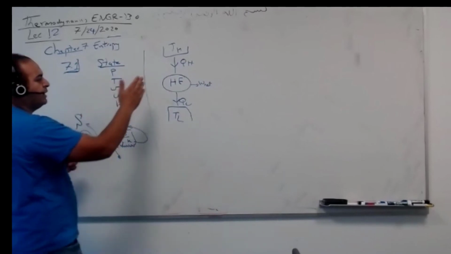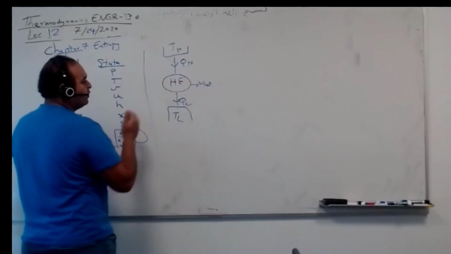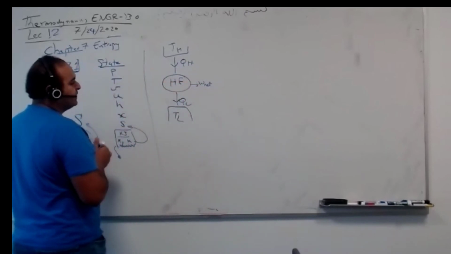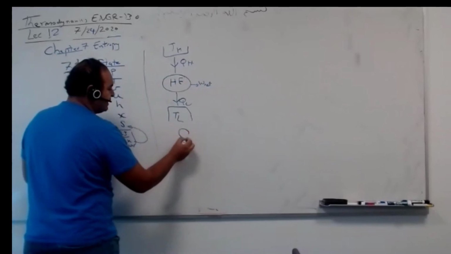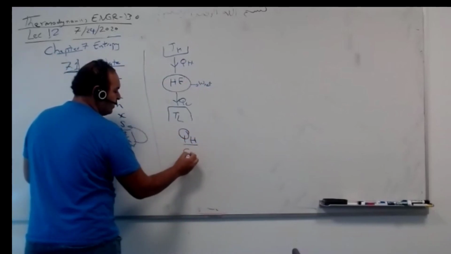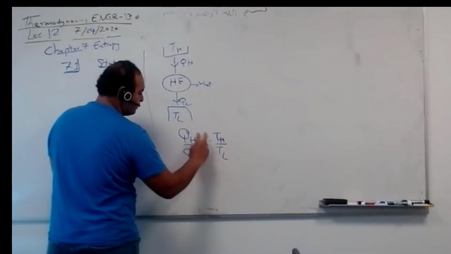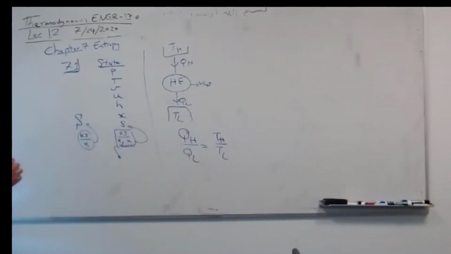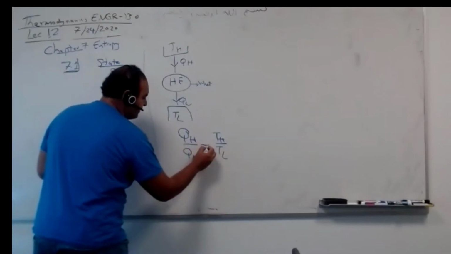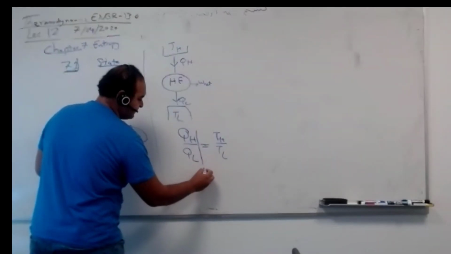Of course, Q high equals W net plus Q low, and we have thermal efficiency. Finally we get two equations, Q high over Q low equals T high over T low, or vice versa. This is only equal if the process is reversible.